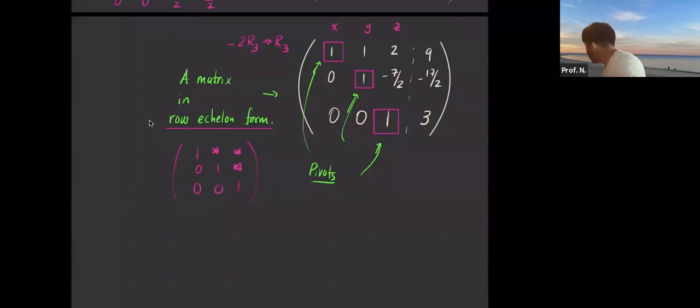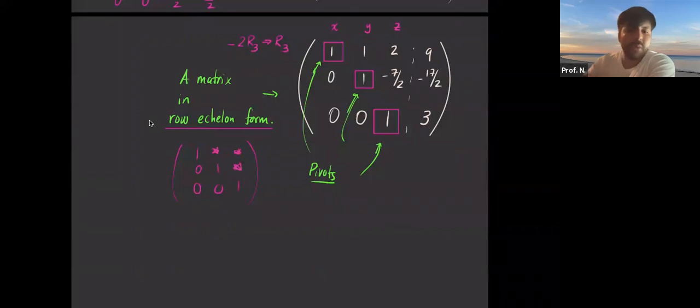Okay, so these are the pivots. Right now it's in row echelon form, and what we want to do is write it into reduced row echelon form. Reduced row echelon form is when you have zeros everywhere, above the ones and below the ones.